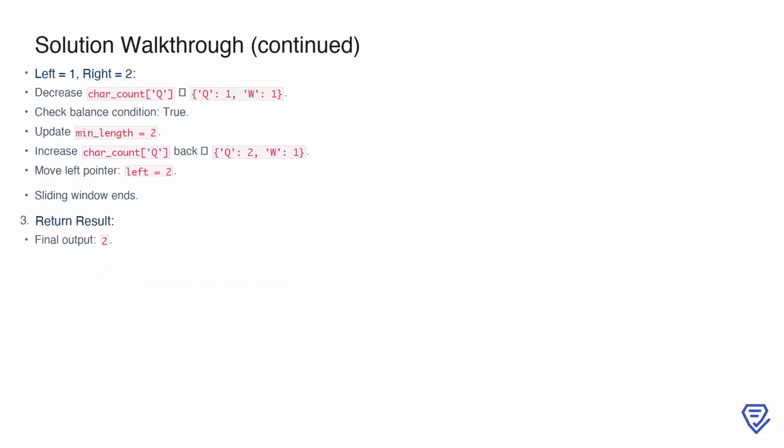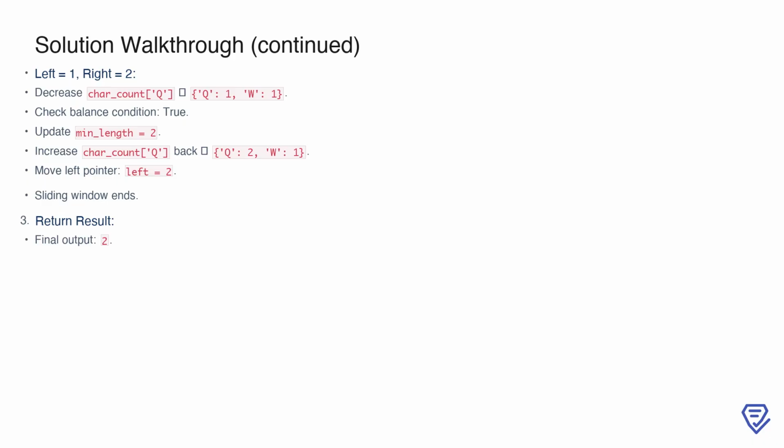With the left pointer at position 1 and the right pointer at position 2, we reduce the count of q once more, resulting in q1, w1. The balance condition is still satisfied, and the window length remains 2. The minimum replacement length is kept at 2. After restoring the count of q, the left pointer moves to position 2, and the sliding window process ends.